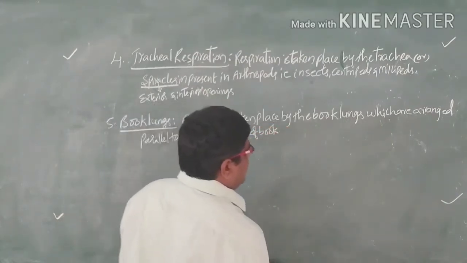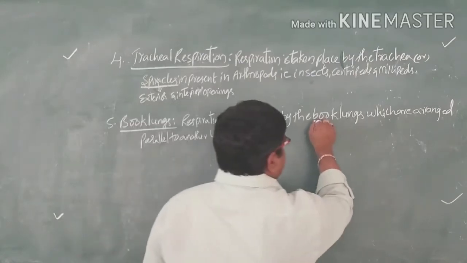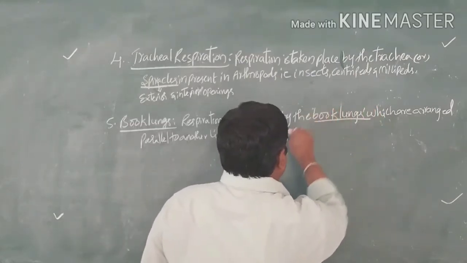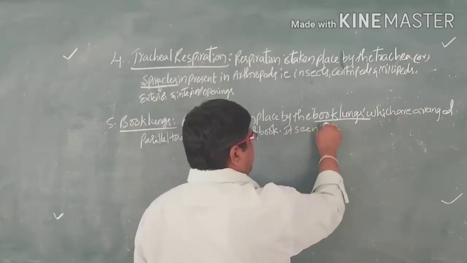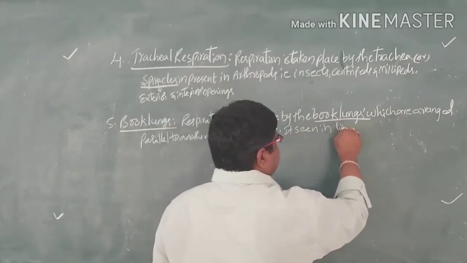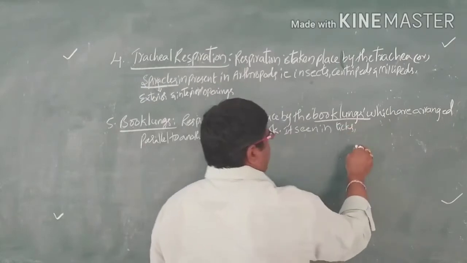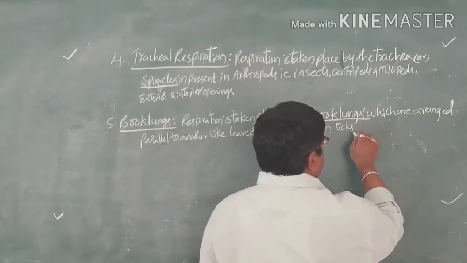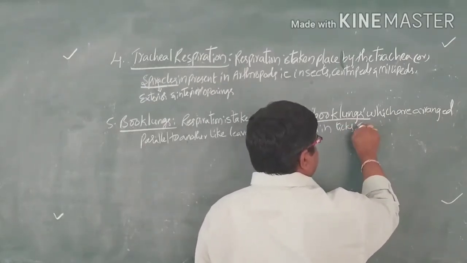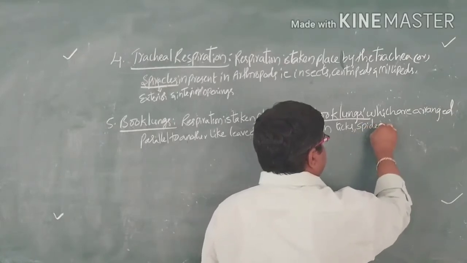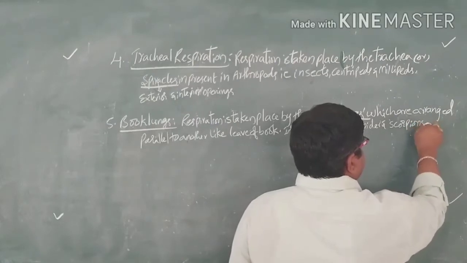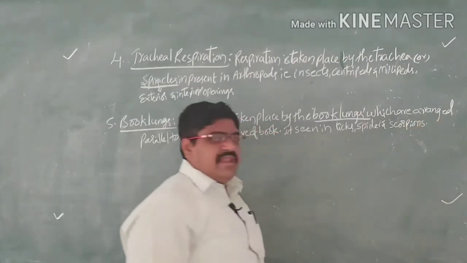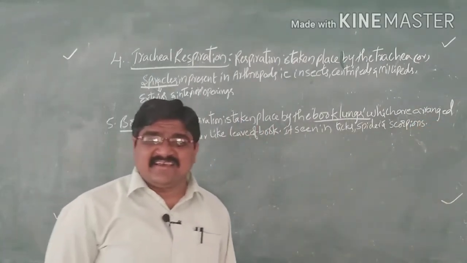So it is called book lungs, which can be seen in scorpions and spiders. So these organisms have specialized structures.